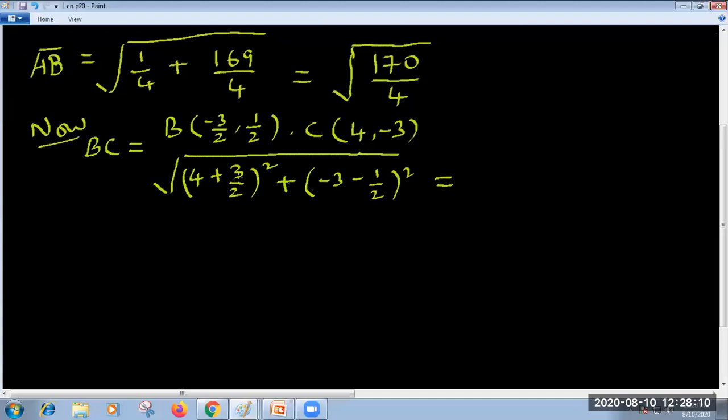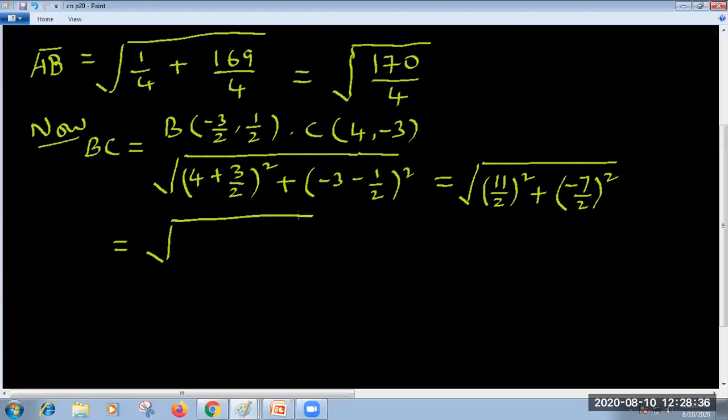4 times 2 is 8, plus 3, 11 by 2, 11 by 2 whole square. And minus 6 minus 1 is minus 7 by 2 whole square. This is 11 square, 121 by 4, and 7 square is 49 by 4.